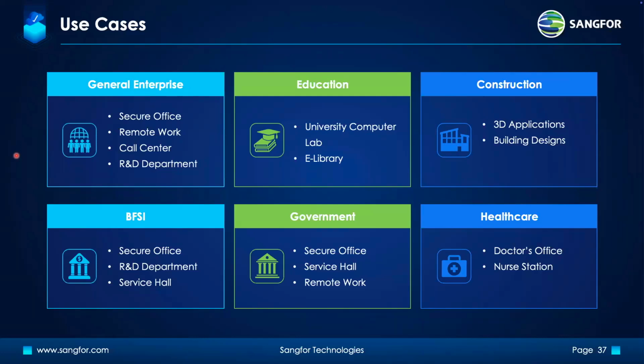Now, the government part. Government offices need secure, reliable IT systems. Sangfor VDI helps by allowing safe remote work so employees can access systems from anywhere, improving service hall efficiency, making service operations smoother, and simplifying IT management by giving full control over users and applications.